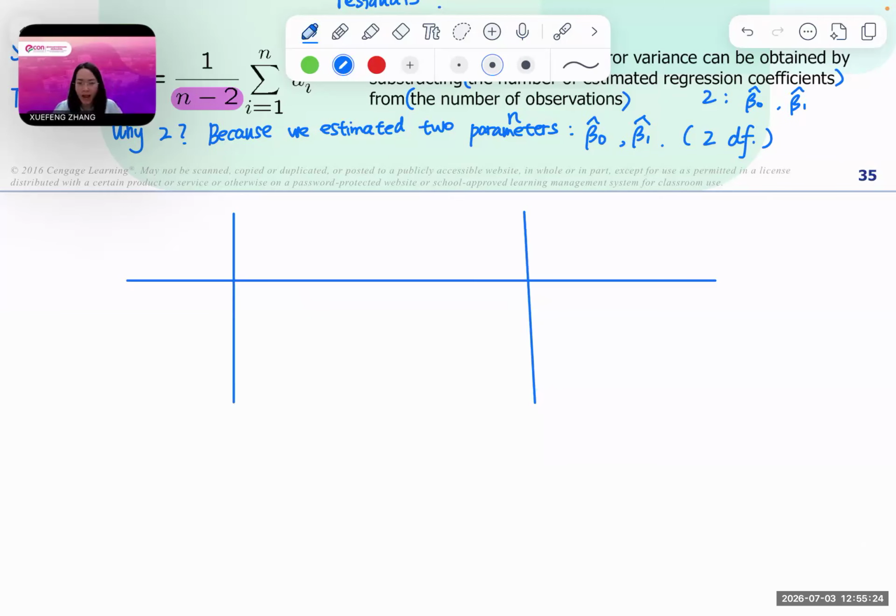Okay, we have the formula. The first one is 1 over n times the summation of mu hat squared, and this we divide by n. Is this biased or not?